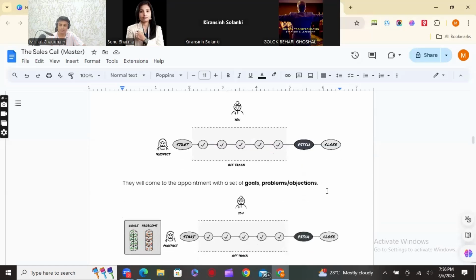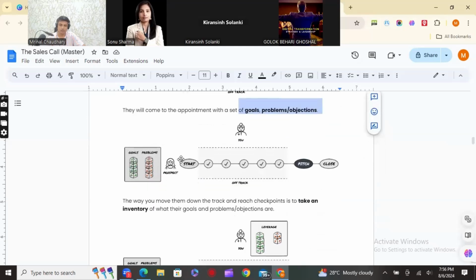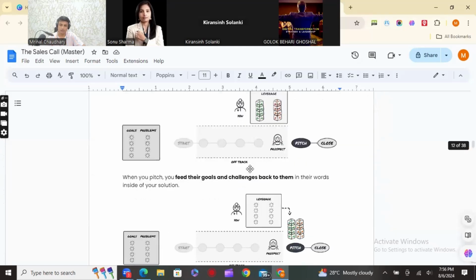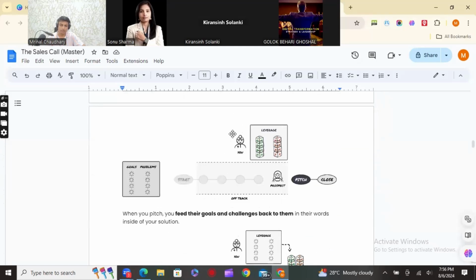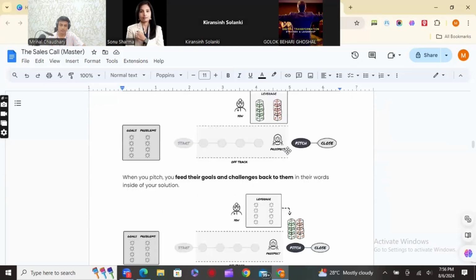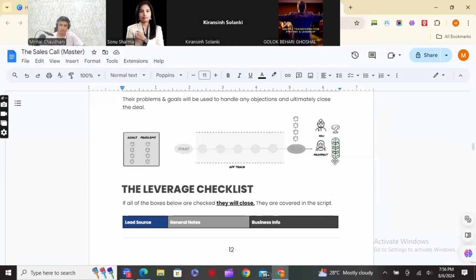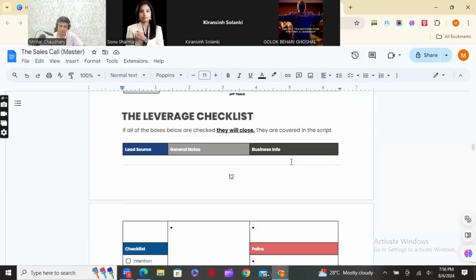You don't have to deviate from this. You have to follow the process, and you need all the information, problems, and goals of your customer. That's where you will make the money.